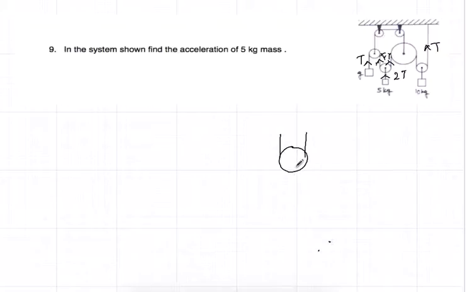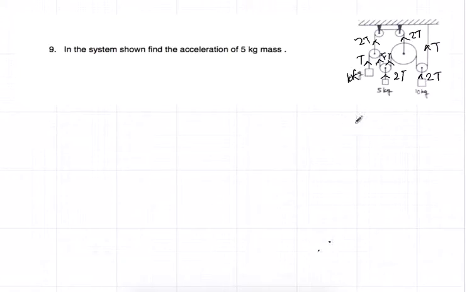Since the tension in this thread is T, these two threads must be 2T. Fair enough. The tension in the other thread will also be 2T, but we'll not bother about that, because we are just concerned with this 10 kg. Sorry about that, because we don't know this.